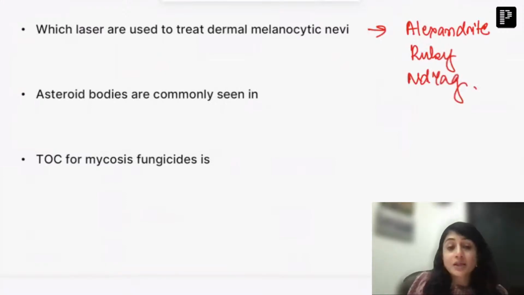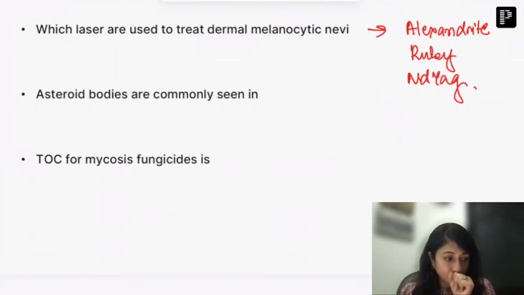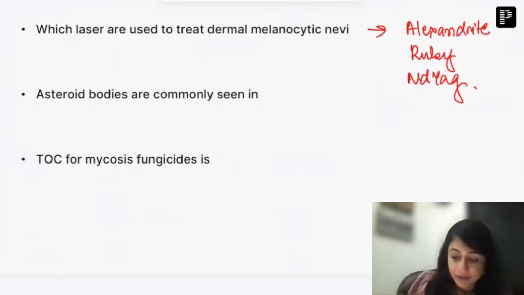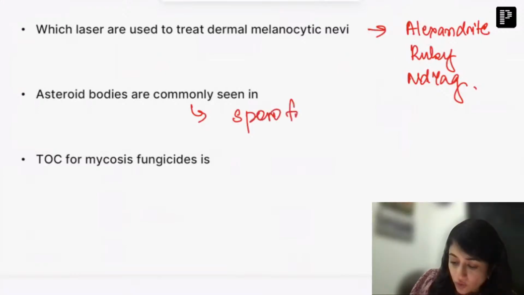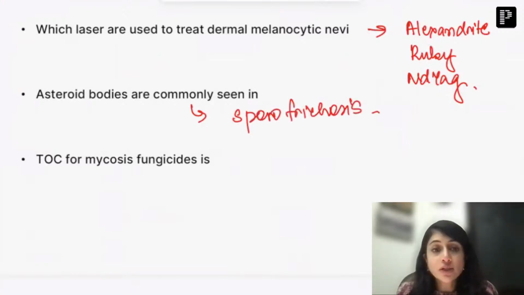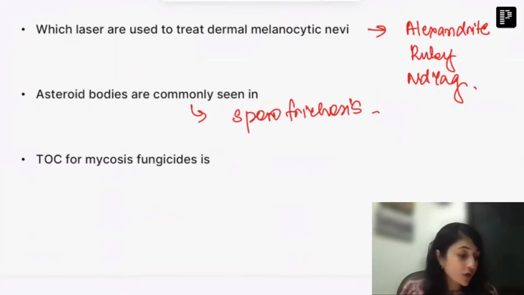Where do you see asteroid bodies? Yes, asteroid bodies are commonly seen in sporotrichosis. This is another very important topic that is asked. What is the treatment of choice for mycosis fungoides? Good, great.